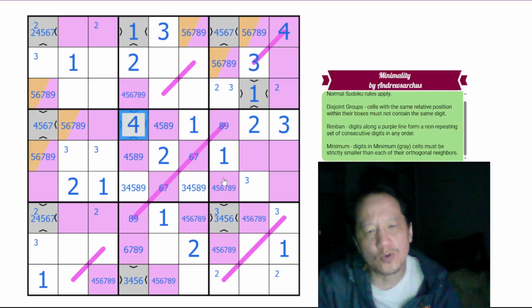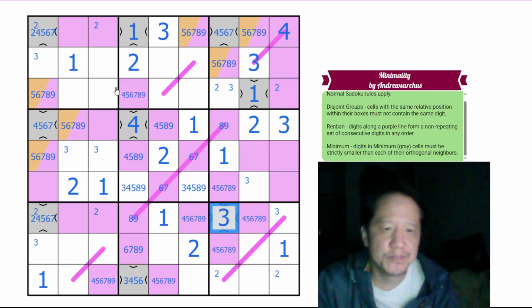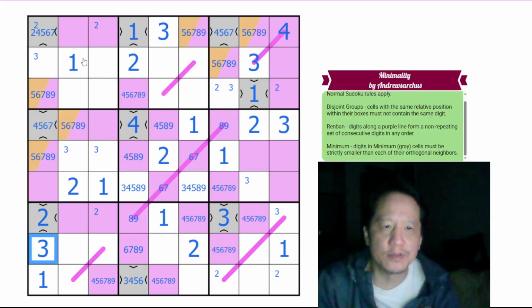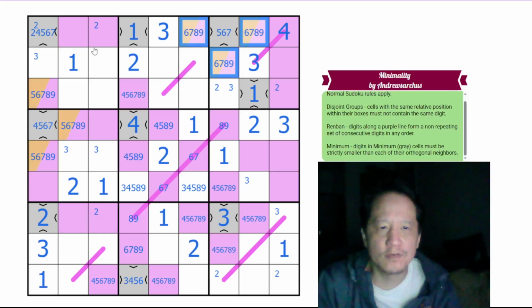This is 4. So that can't be 3, therefore this is 3. That seems okay. This can't be 3 anymore, so this must be 2 and 3 there. Interesting. This can't be 4, so these can't be 5. 2 or 4 here, so that's 5, 6, 7. So this can't be 2, this is 2 here.